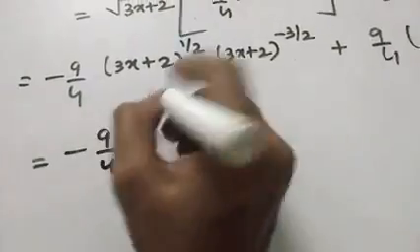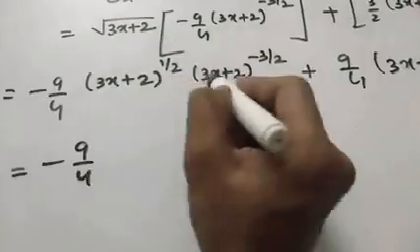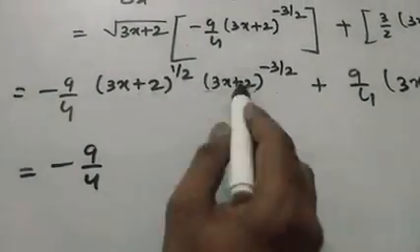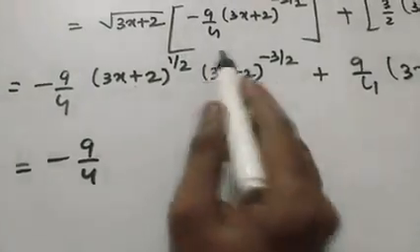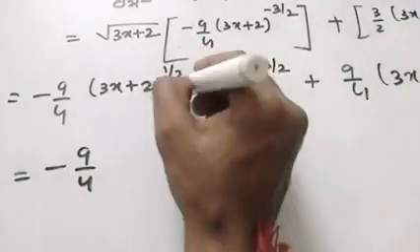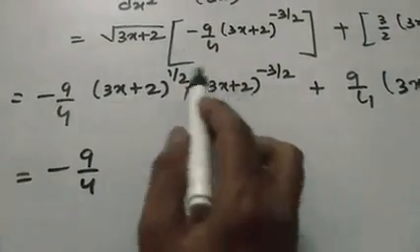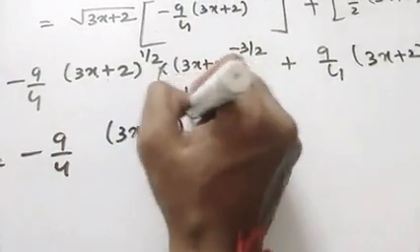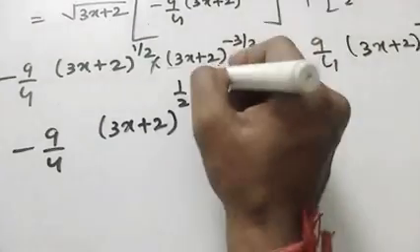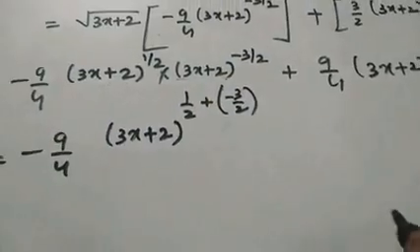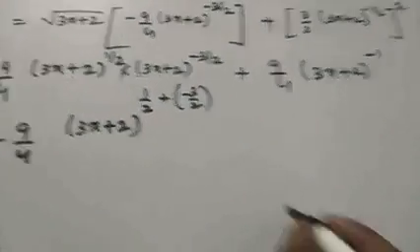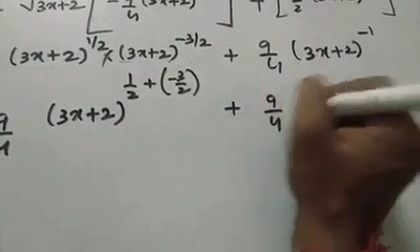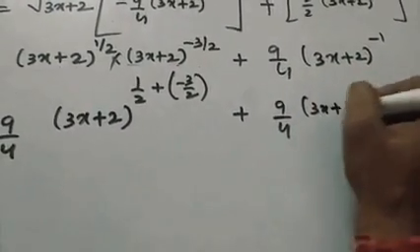Minus 9 by 4. Now here multiplication, base same, so powers are added. In multiplication, when bases are same, powers are added. That is 3x plus 2 to the power half plus minus 3 by 2, and here plus 9 by 4, 3x plus 2 to the power minus 1.